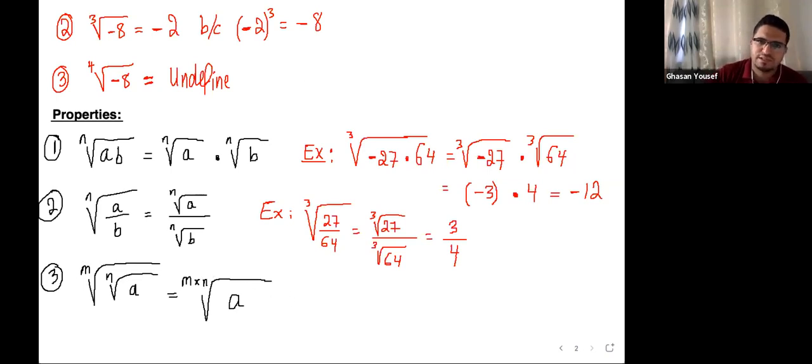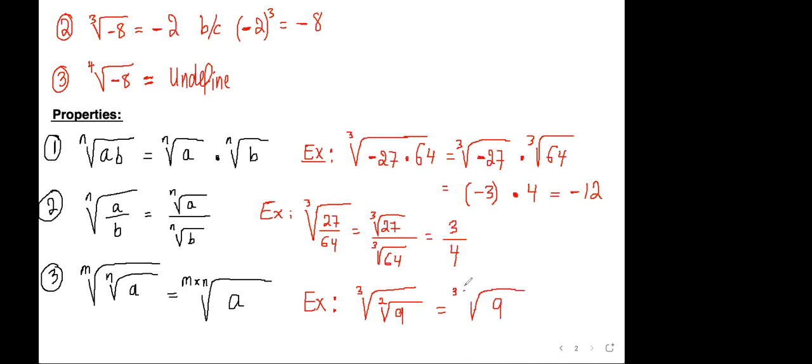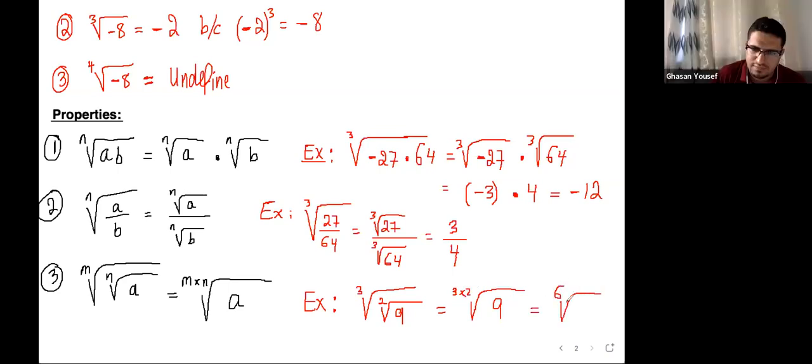Okay, an easy example: the cube root of the square root of 9. What is that equal to? 3 times 2. 3 times 2 equals 6. So the sixth root of 9.